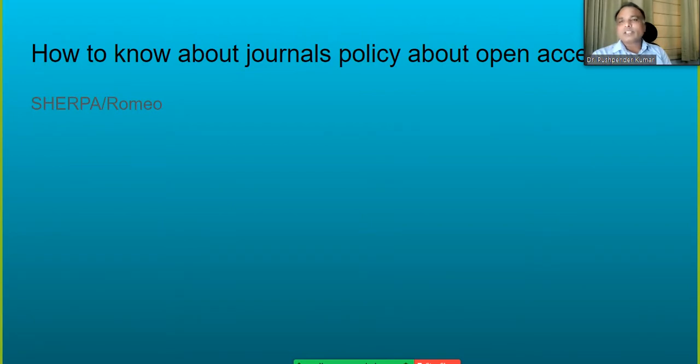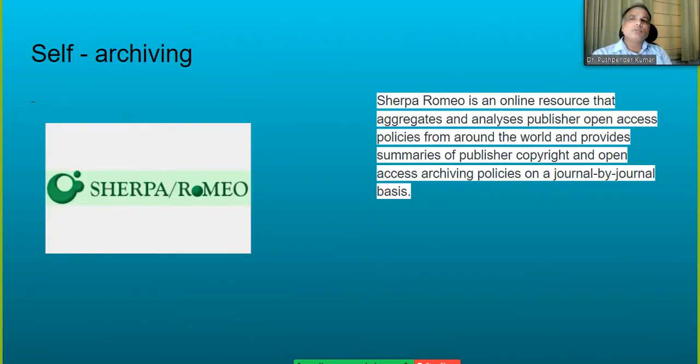As I said, it's Sherpa Romeo, and this gives you the self-archiving policy of a particular journal. Sherpa Romeo is an online resource that aggregates and analyzes publisher open access policy.